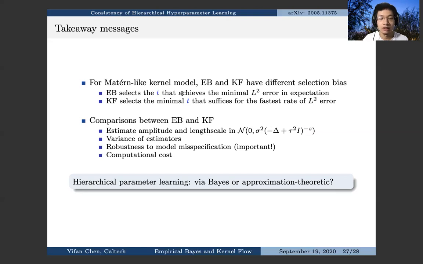EB will select the theta that achieves the minimum L2 loss in expectation, while KF selects the minimum theta that suffices for the fastest rate of L2 loss. We also have many numerical comparisons between the two algorithms. We vary every parameter in the Matern class model, and then we consider the variance, which is generally a very sensible observable for different estimators.